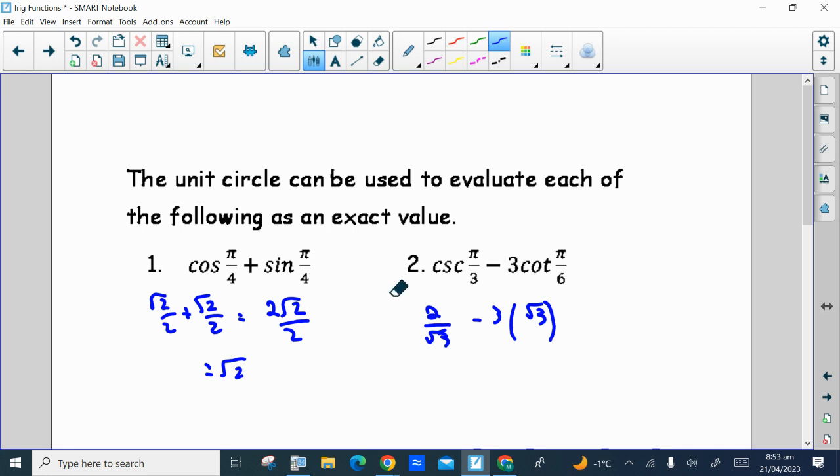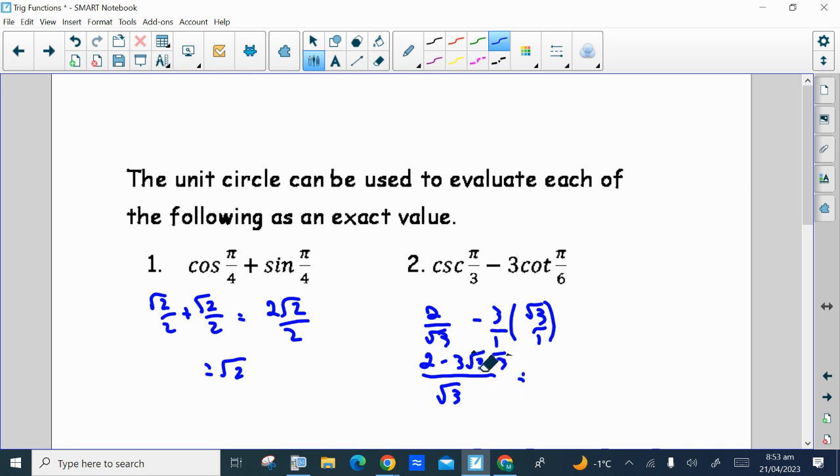So now we will just simplify this. We'll get a common denominator of √3, which means you're going to have 2 minus, right? The first term already has a denominator of √3. The second one, the denominator is actually 1 right now. So we'll get it to be √3 by multiplying top and bottom by √3.